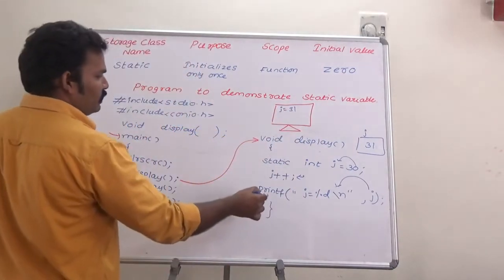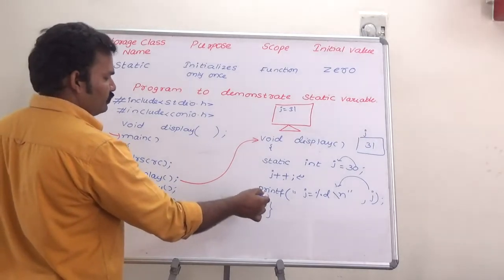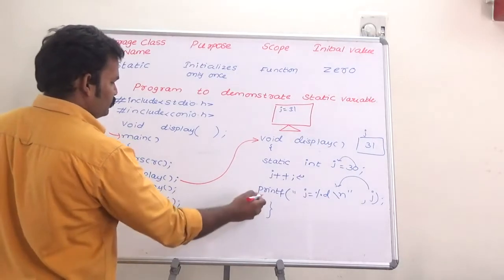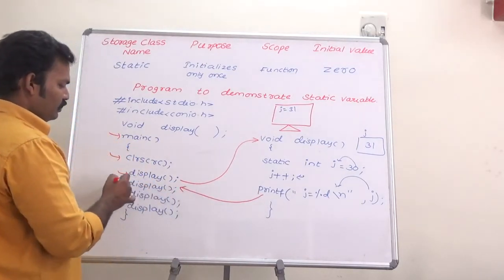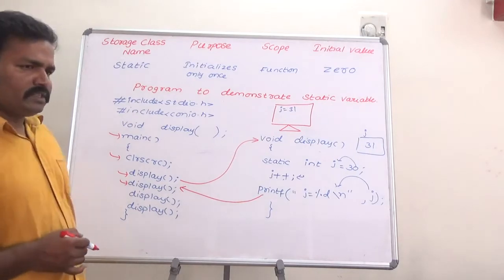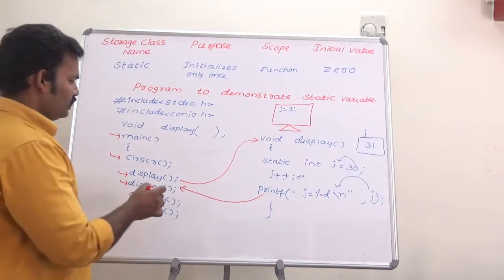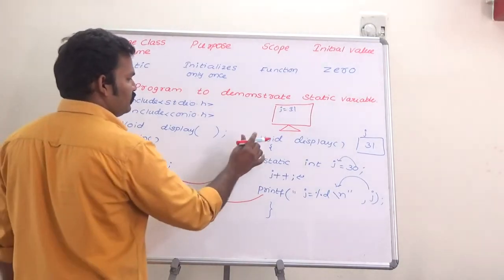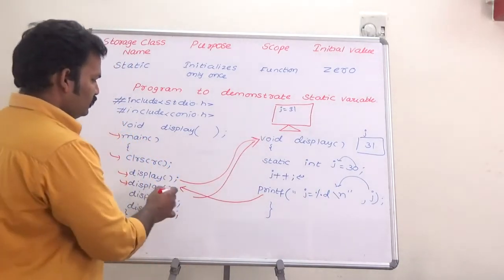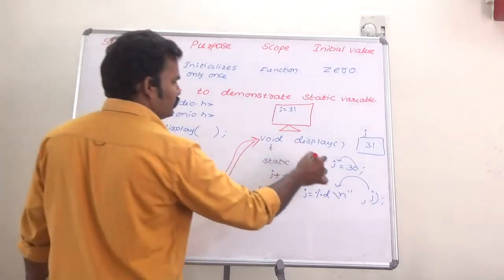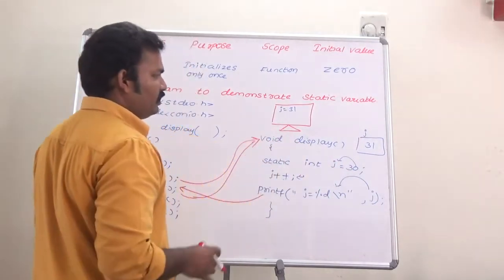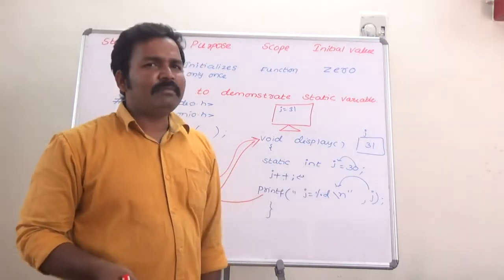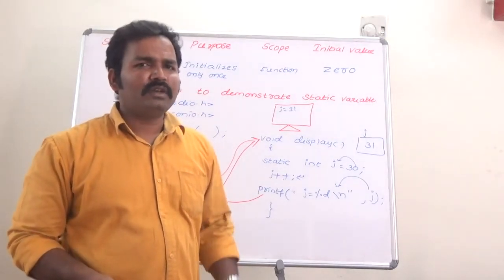After executing the function, execution control is transferred to the main program. Now the next statement is a function call, so execution control is transferred to the function definition. Remember, j is a static variable, so a static variable is initialized only once.